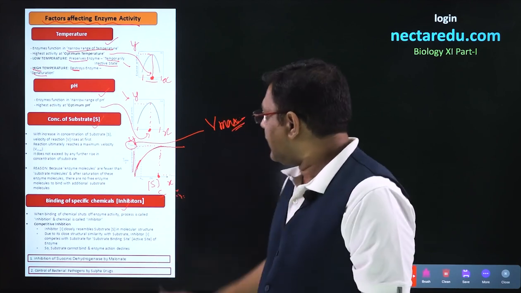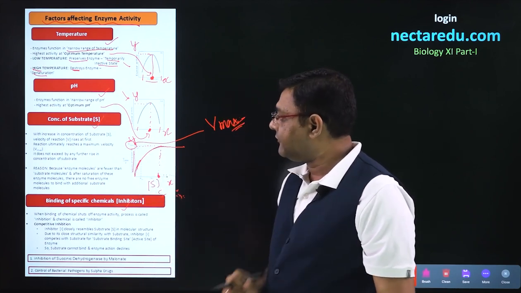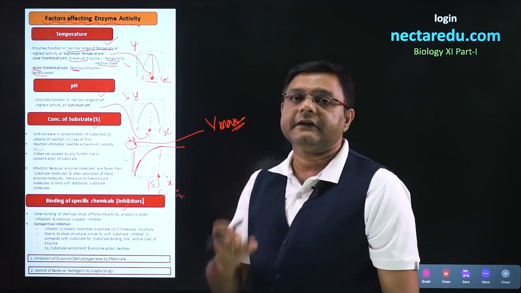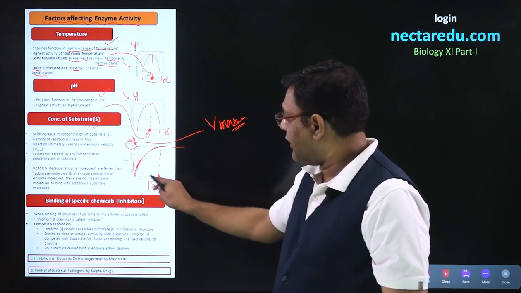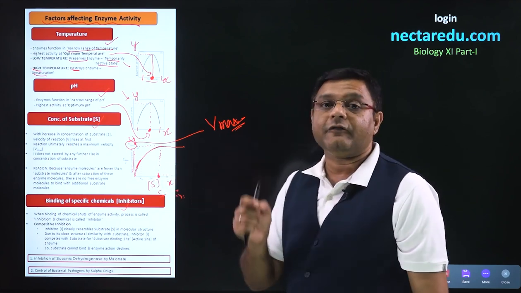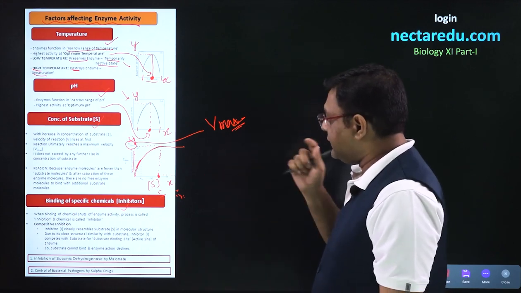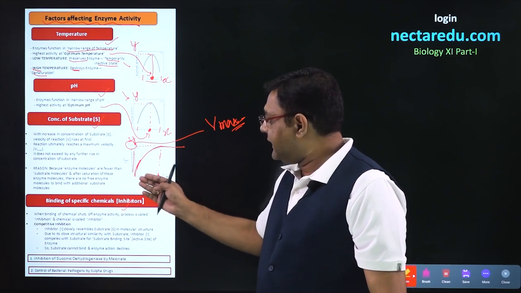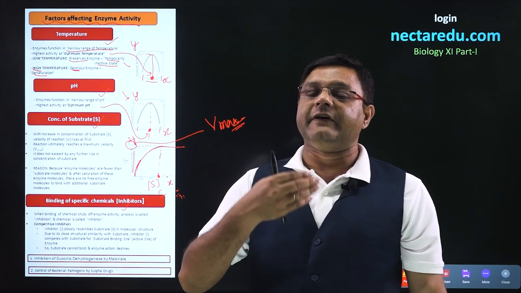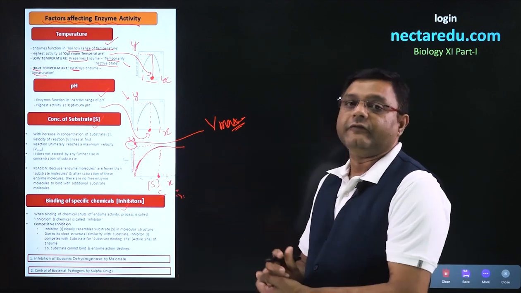What is the reason for this structure which comes in the graph? It is because in this case, we are increasing the number of substrate molecules. Concentration of substrate is being increased, but the number of enzyme molecules is constant, not increased. Initially, as we increase substrate concentration, substrate molecules will combine with the enzyme molecules, and it will result in an increase of velocity.